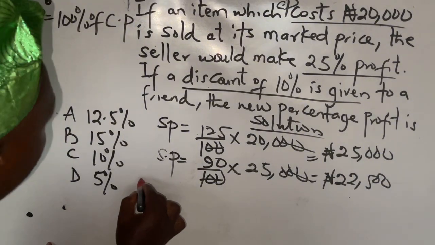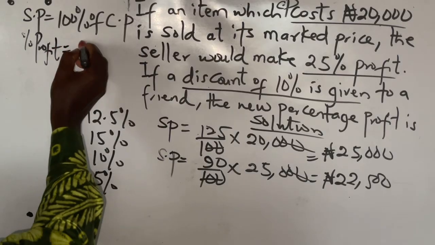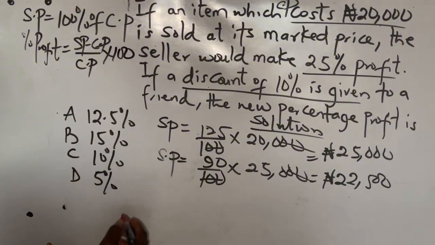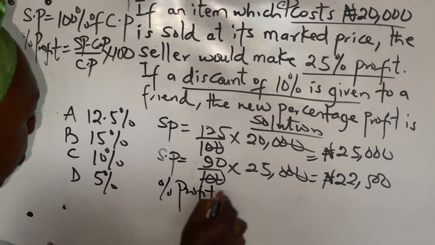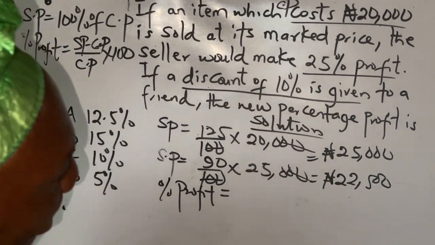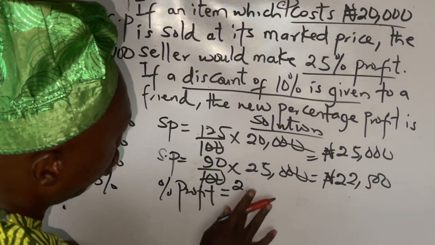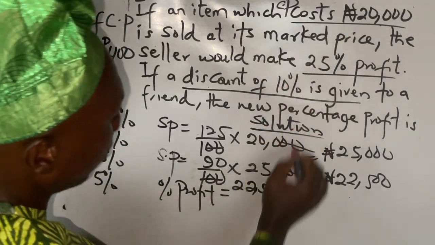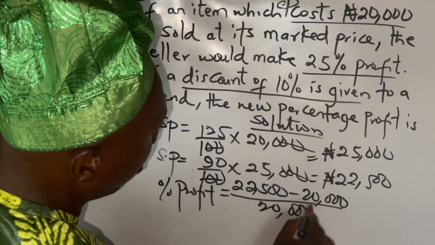The question says, what will be the percentage profit? Our formula for percentage profit is selling price minus cost price over cost price times 100. So let's key in the formula there. Our profit is the subtraction of these two. So let me subtract and get the figure: 22,500 minus 20,000, over the cost price 20,000, times 100.